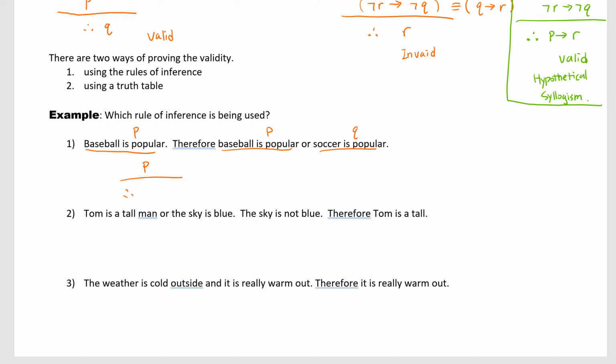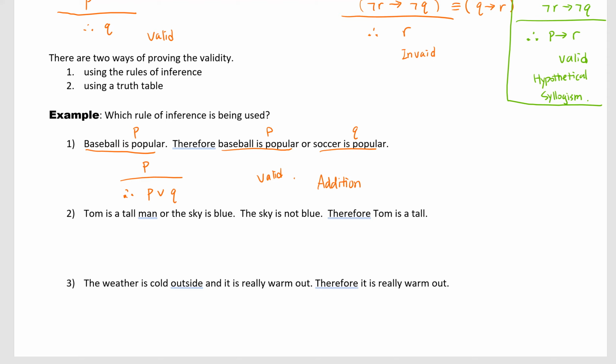Baseball is popular, P, or, which looks like the V, right? Soccer is popular, Q. So P, and therefore P or Q, and this is valid, right? The rule is addition. P occurs implies P or Q occurs, right?